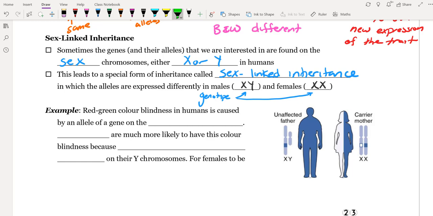Let's have a look at an example. Red-green color blindness in humans is caused by an allele of a gene on the X chromosome.